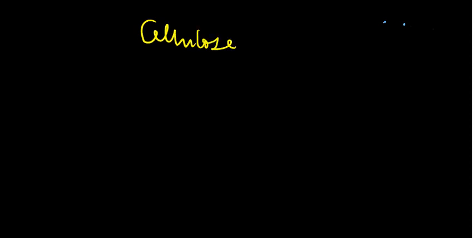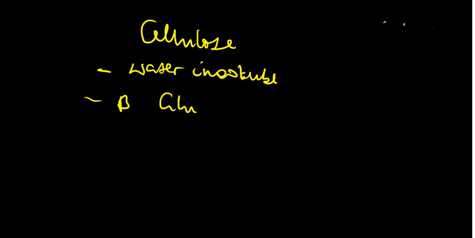So cellulose is a water insoluble polymer with beta glucose, okay, with CH2OH groups alternating above and below the plane of the unbranched cellulose molecules.